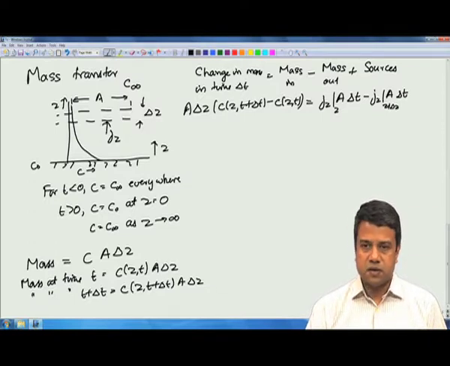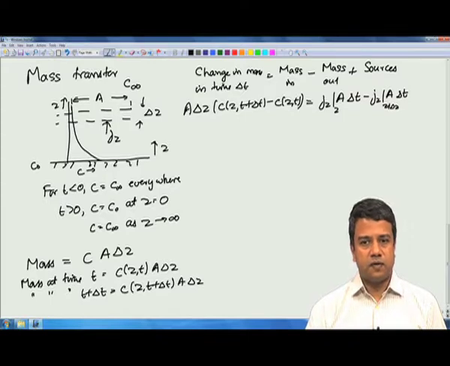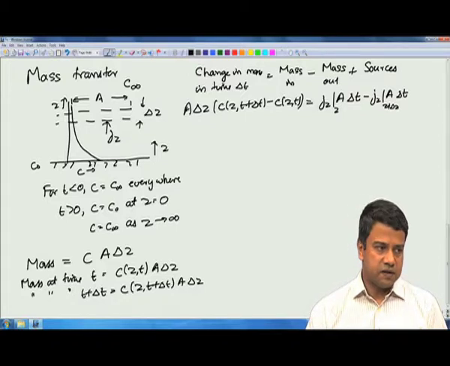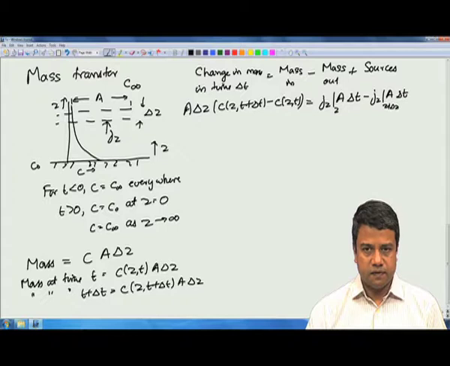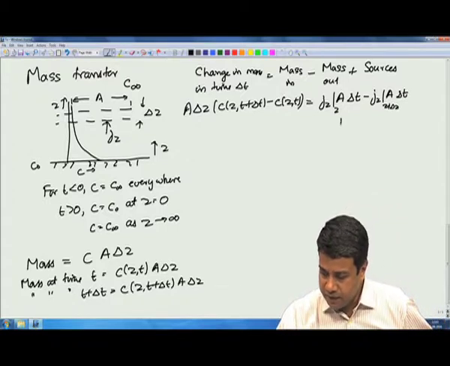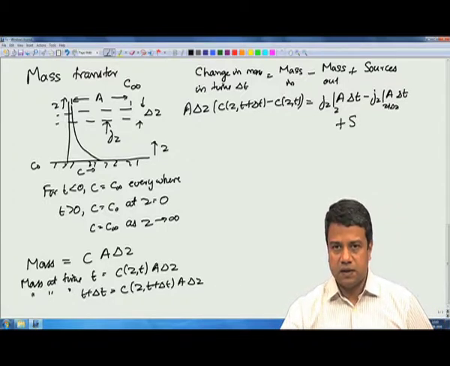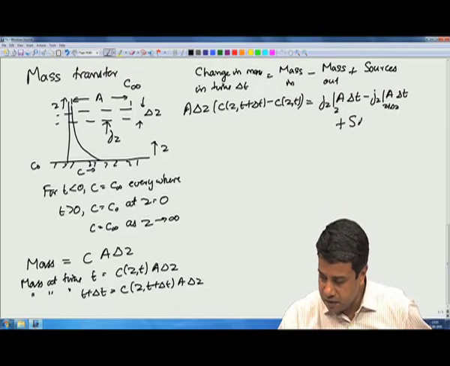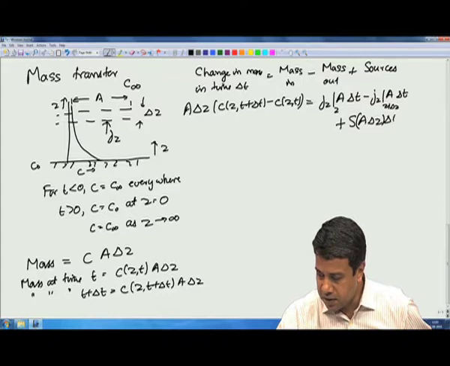These sources or sinks of mass within a time delta t will be of the form of a rate of generation or consumption of mass. Generation will be positive, consumption will be negative. So, it will be of the form a rate of generation or consumption times the volume, times the time interval.